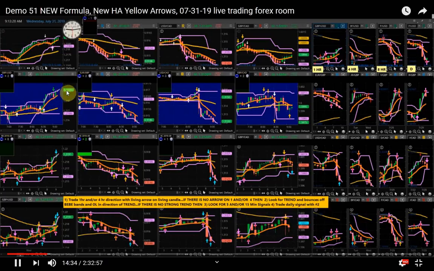So the down trade's lost now, but the up trade's winning. We're in at 82, the up trade is 8 pips up, 9 pips up, so you've lost your 5 pips at 91. I would have given it a bit more above that BB band.